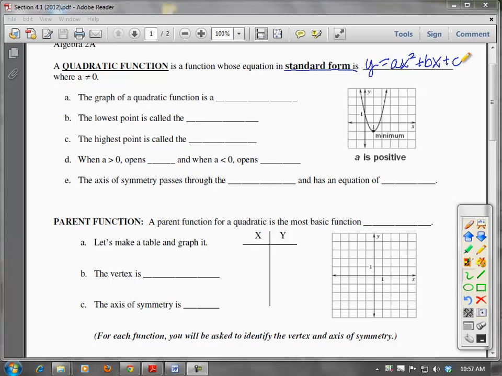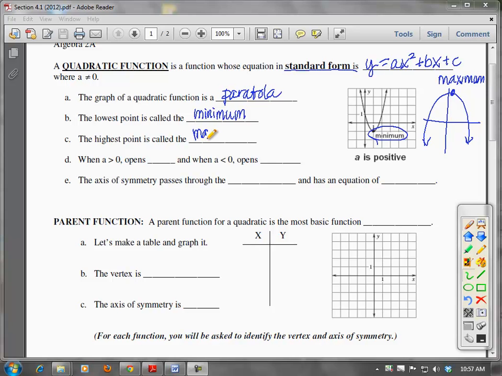The look of a quadratic, you are more used to saying a parabola. It's a U-shaped graph. The lowest point on a graph is called the minimum. And there's a picture over here to the right where you can see the lowest point. If I make one in the other direction, where I have the highest point is called a maximum.